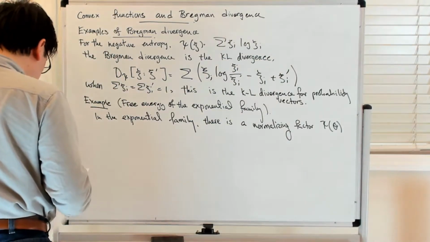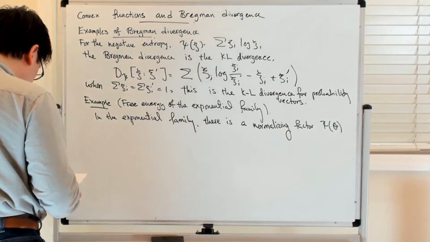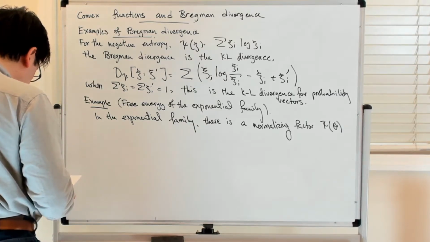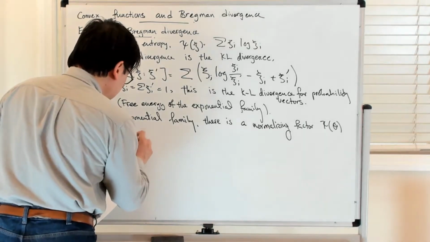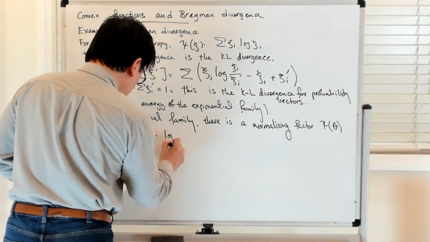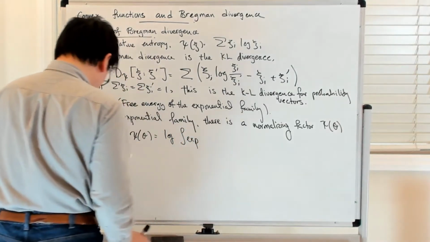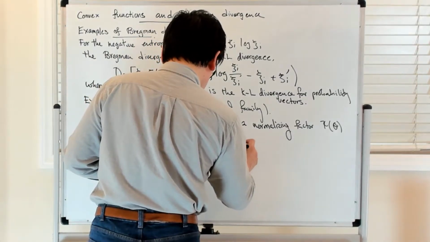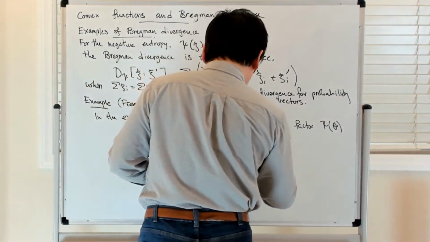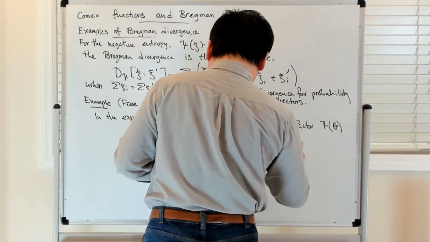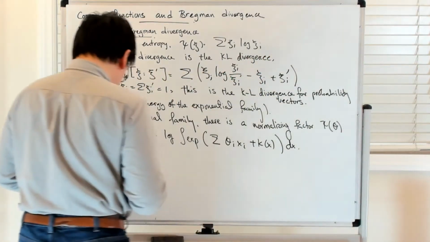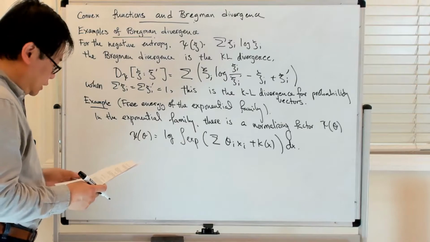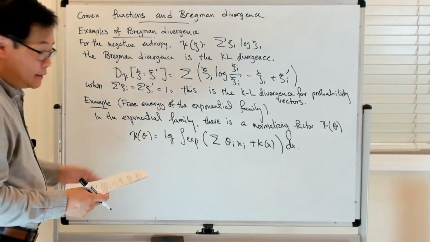So let's recall what that normalizing factor is. That's also referred to as the free energy in statistical physics, or the cumulant generating function in statistics.